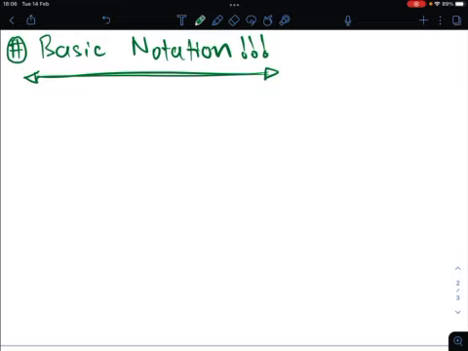Now we are going to talk about some basic notation that we will be using quite frequently in this course. The first notation that we're going to discuss is the symbol ∈ in set theory. This small symbol stands for 'is an element of'.